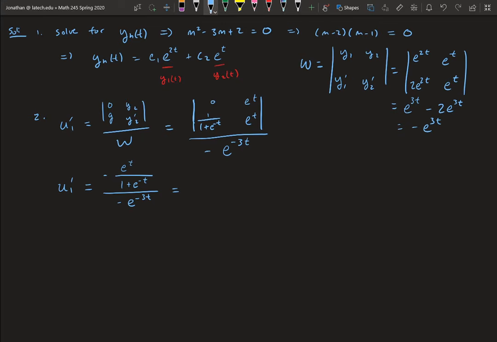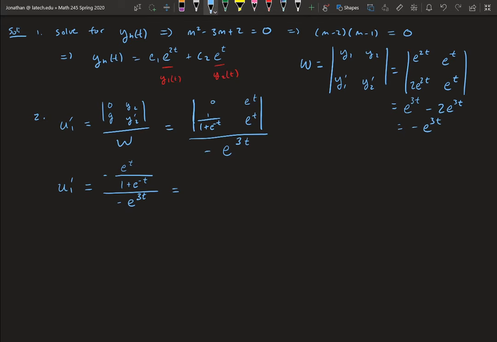Make sure I haven't made a mistake somewhere. How did I get negative 3t right here? That's a problem. It's positive 3t in the denominator. Okay. There we go, now we're good.